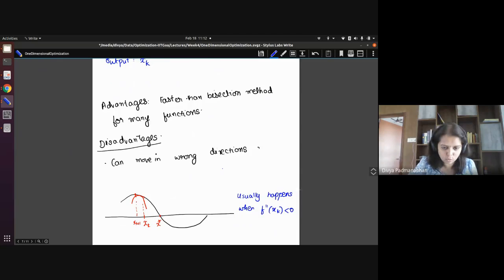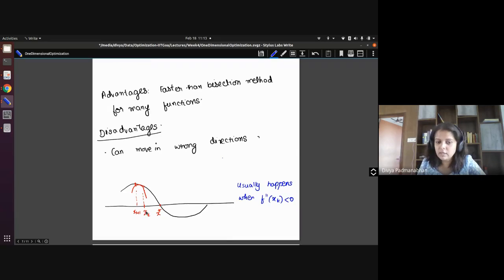Even for the approximation you take, if you get something of this form, then originally you started off with xk here, but by trying to find the point for which the gradient of this approximation is 0, you're moving farther. You're going to xk plus 1, which is here, whereas x star was on this side. So these are some of the cases where Newton's method doesn't really help you out.